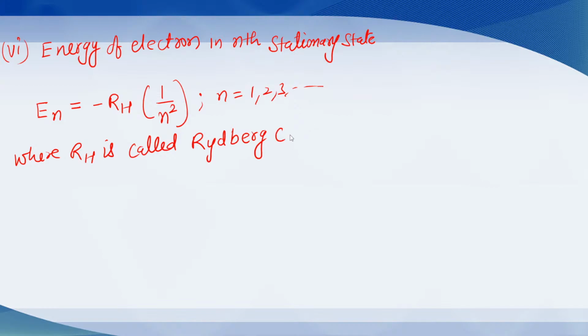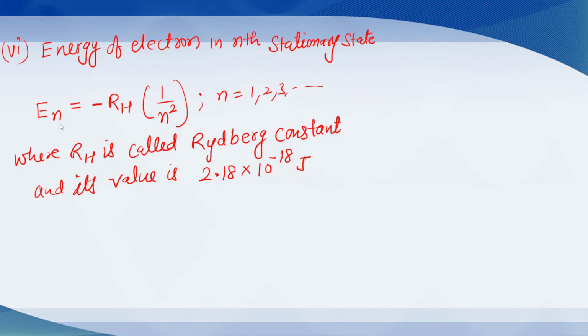So again it is Rydberg constant, but now its value is 2.18 into 10 raised to power minus 18 joule. See, we have put negative sign before the expression.